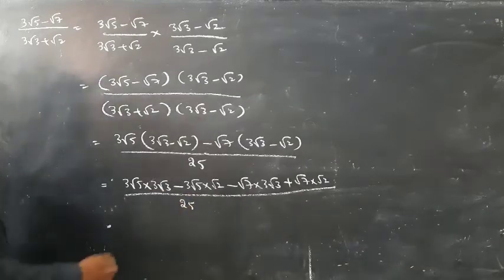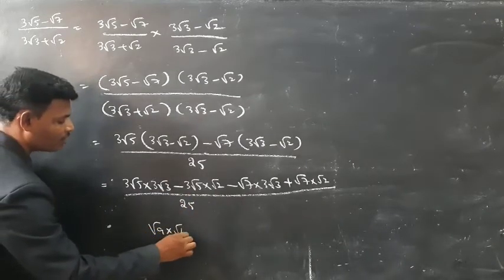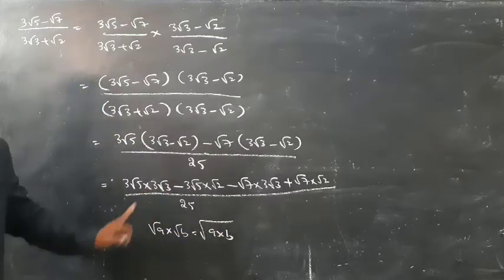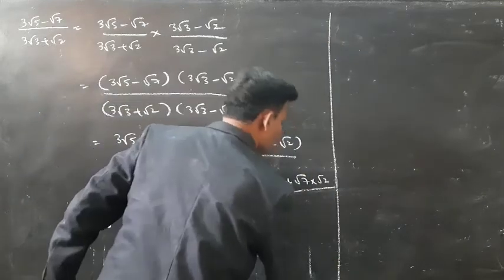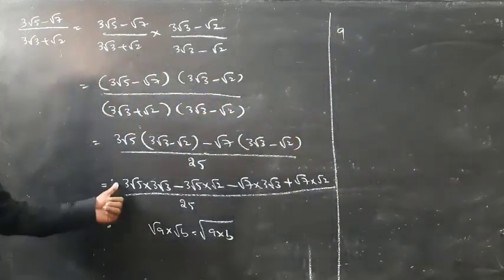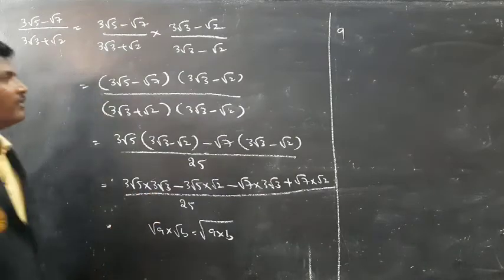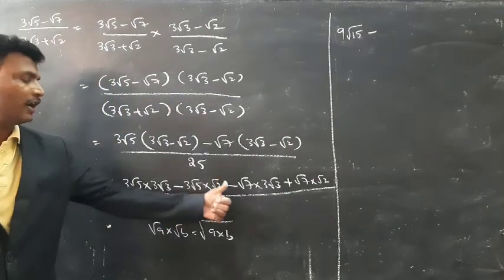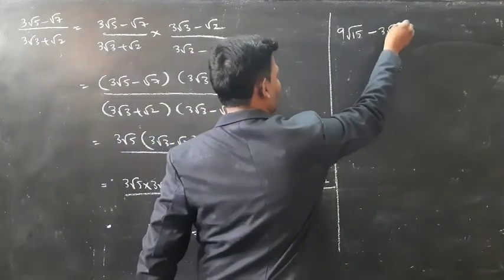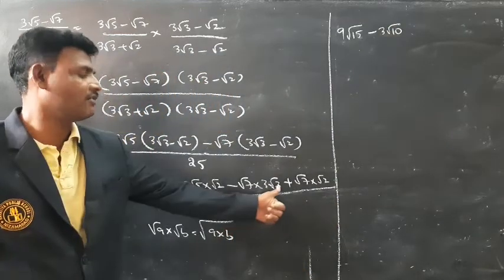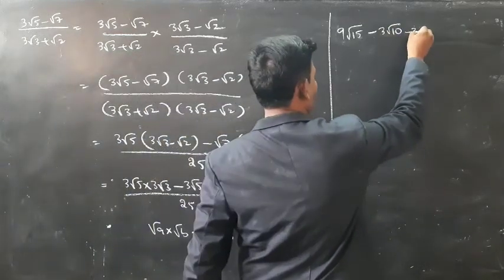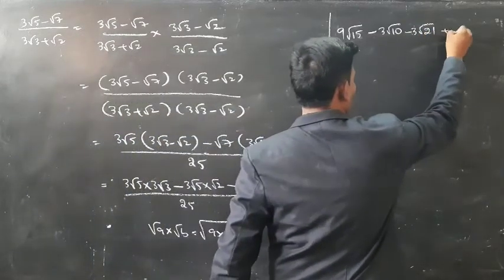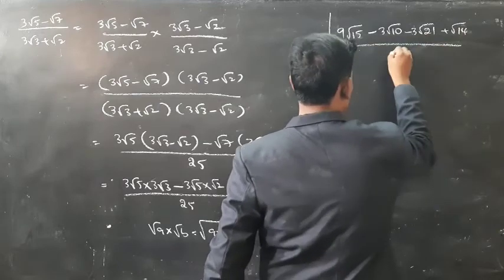We know one identity: √a into √b is equal to √(a·b). By using this, 5 3s are 15, 3 3s are 9, so 9√15 minus 3√10 minus 3√21 plus √14, by 25.